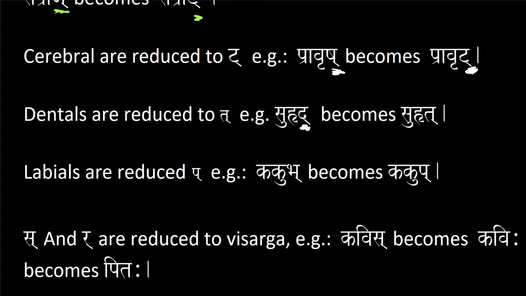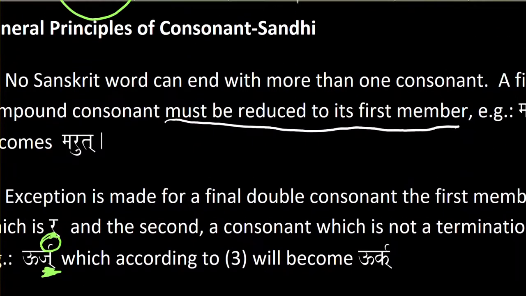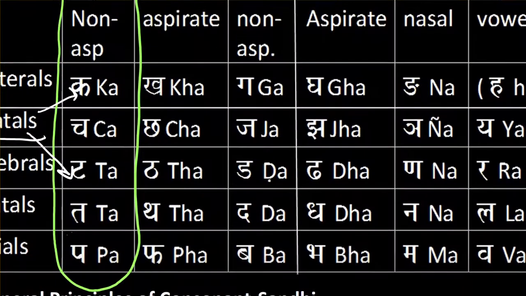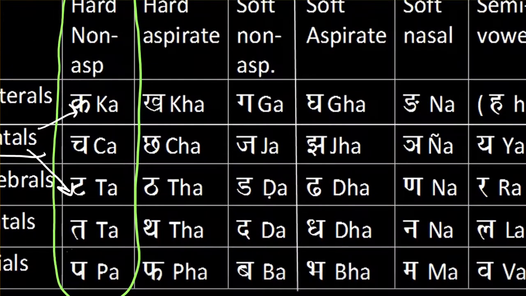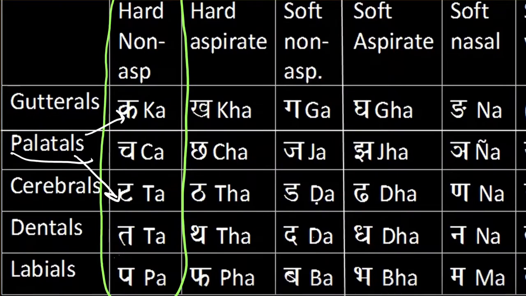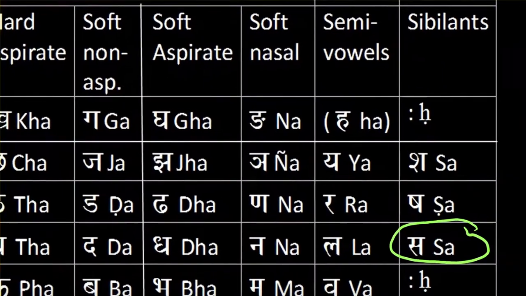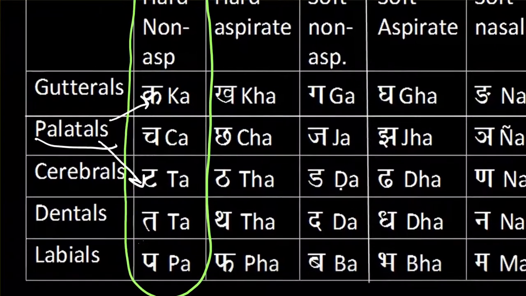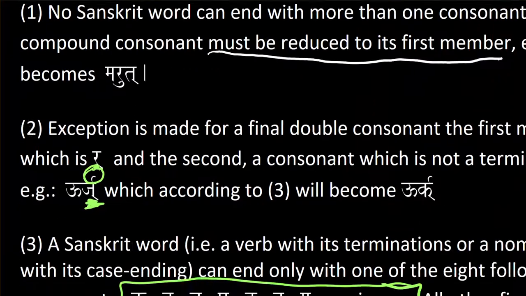For example, suhrid becomes suhrit. This is a dental, and it gets reduced to its first member, ta. As you can see in the table, da is a soft non-aspirate among the dentals, and it gets reduced to ta. Any one of the dentals in this row would get reduced to ta.